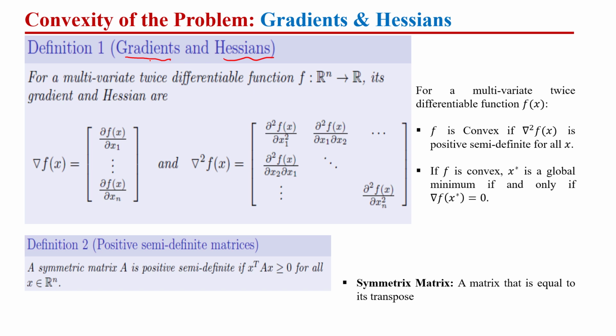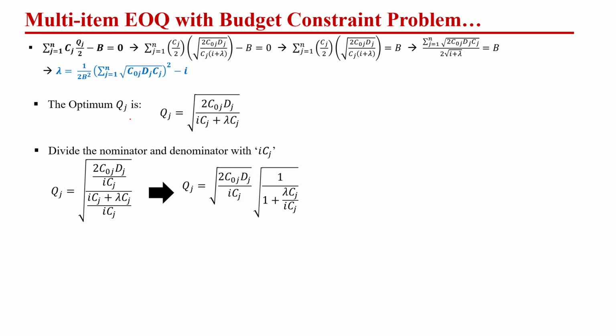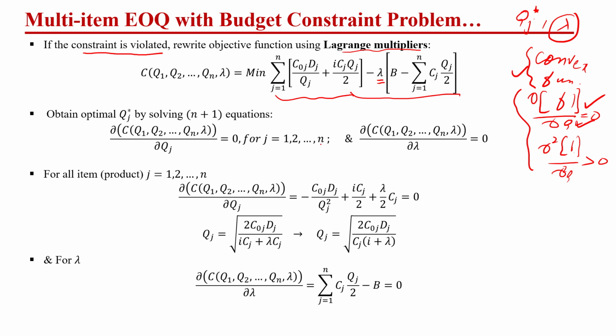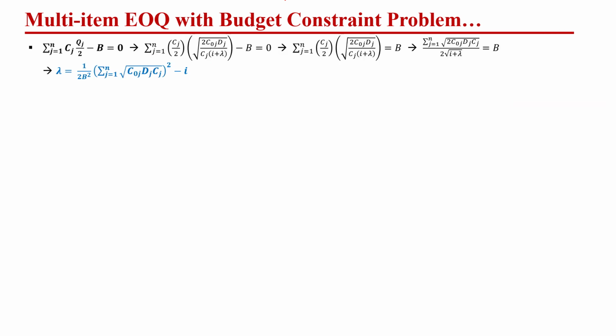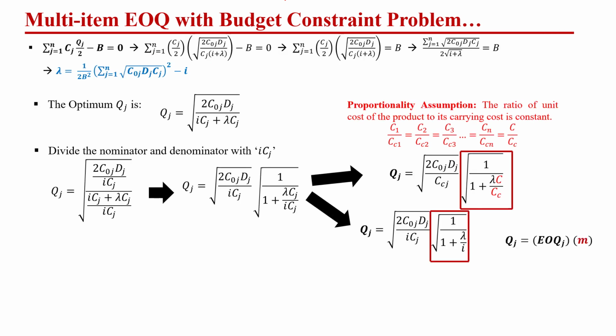Gradient means we differentiate the function against every variable. Right now we have this function, so we differentiate it against q1, q2 up to qn, the first order derivative, and similarly against lambda. The first order derivative is called the gradient.